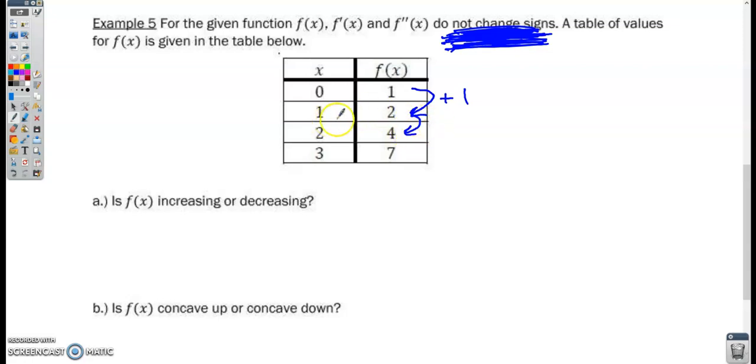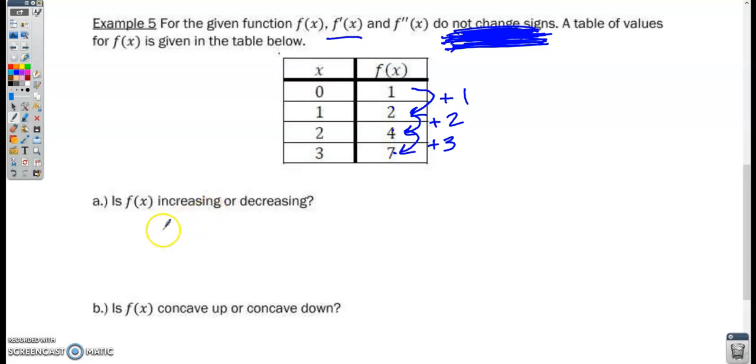And then from x equals 1 to x equals 2, f of x increases by 2. And then from x equals 2 to x equals 3, it increases by 3. The one thing you should see that whole time is the derivative has to be positive, because f of x is getting bigger and bigger, and since it doesn't change signs, f prime must be positive on the entire interval.